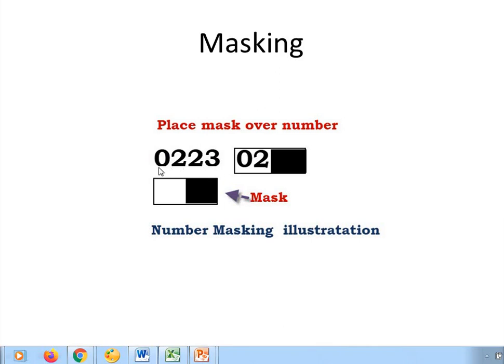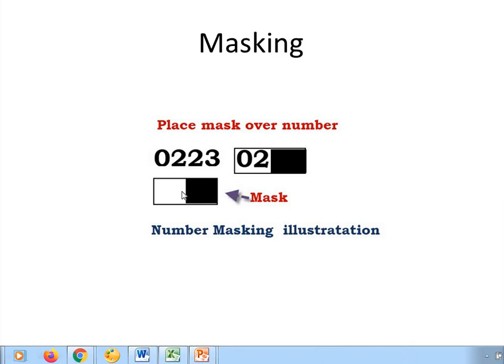But if my number is 0202, in that case how are we going to proceed? You may not know which is the ID number and which is the part number or atom number. In that case the concept called a mask will come to your rescue. This black portion is the mask.